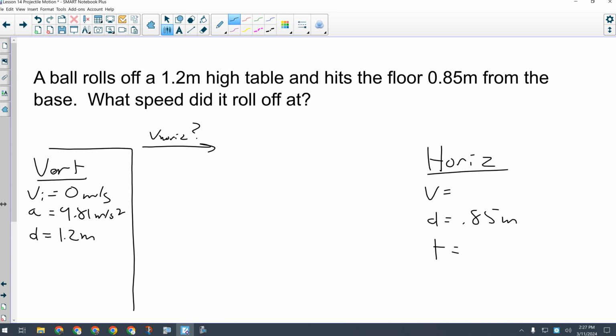Same formula that always ends up getting used in this. D equals VI times T plus 1/2 AT squared.